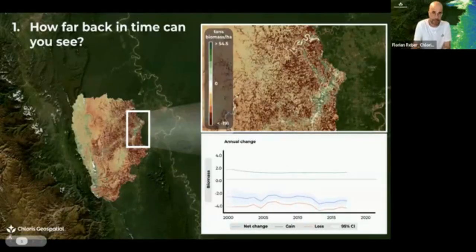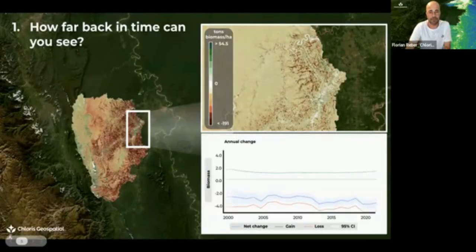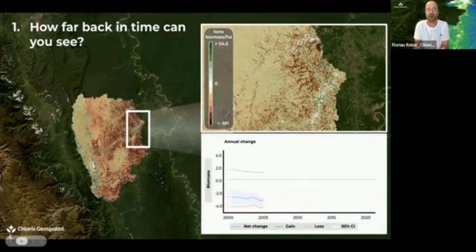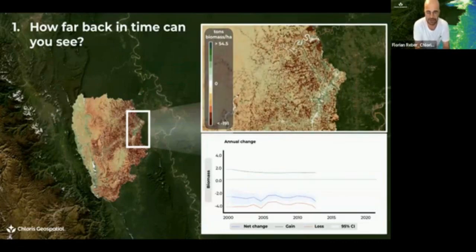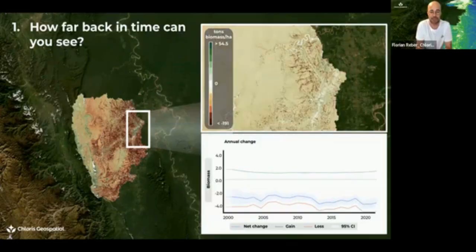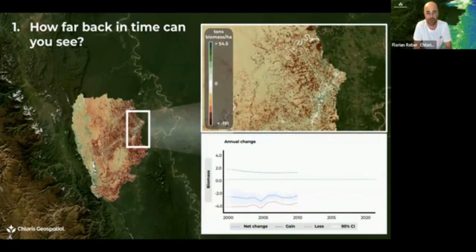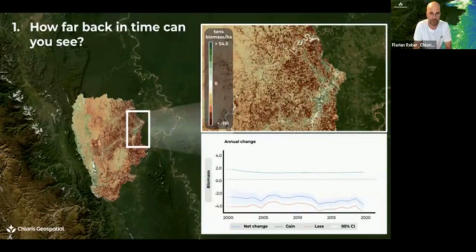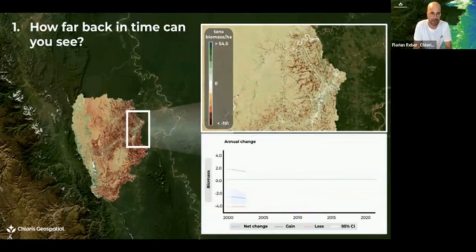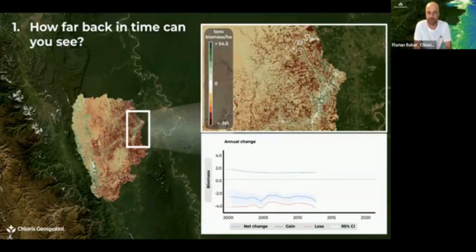Next slide, please. So I think the first question to ask is how far back in time can you see? Because what you want to understand, one aspect of the due diligence process, is the history of that area of interest. And here you see an example of actually a larger area in Peru, where you see the time series since the year 2000.